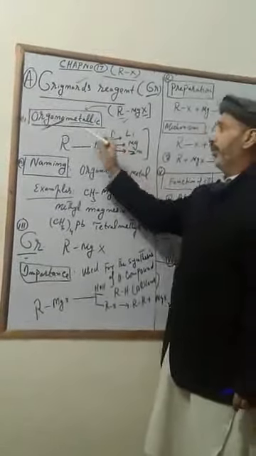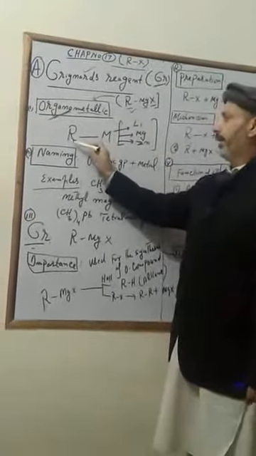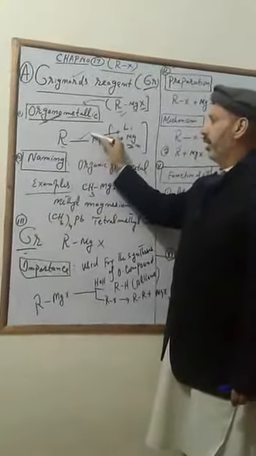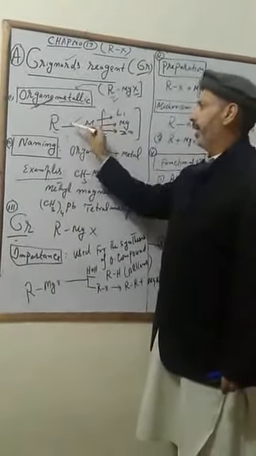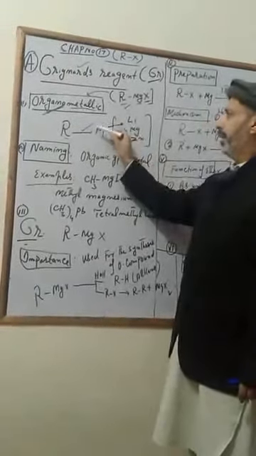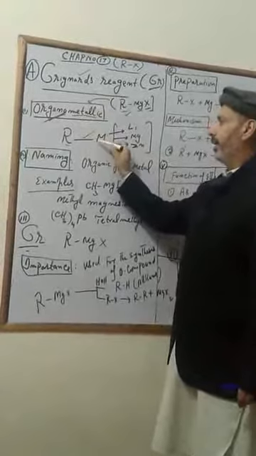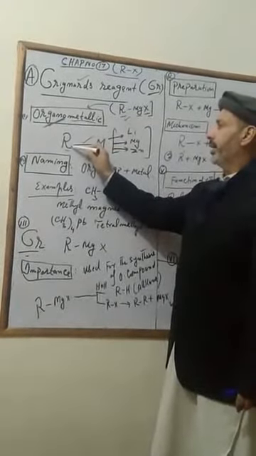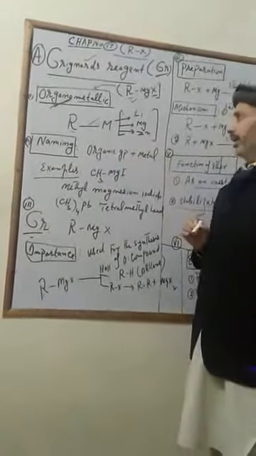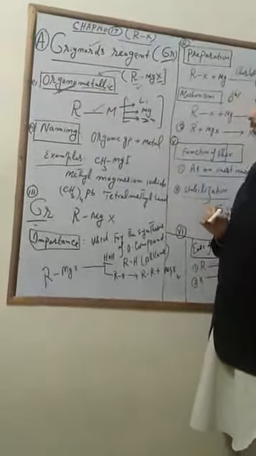So what are organometallic compounds? The compounds which contain at least one metal-carbon bond, that is, organic compounds which have at least one carbon-metal bond, are known as organometallic.